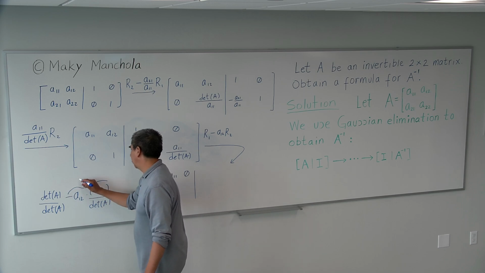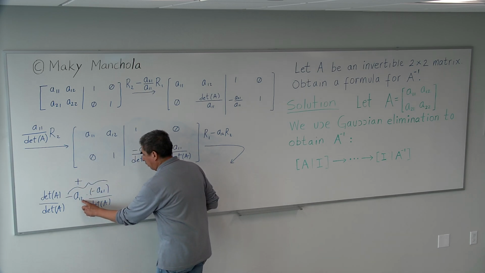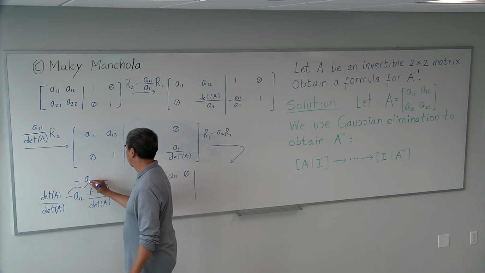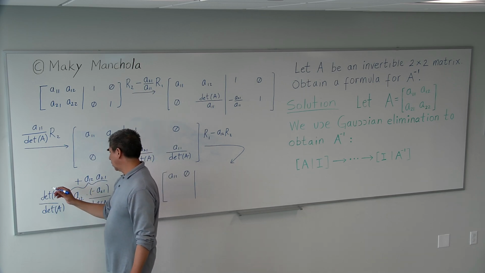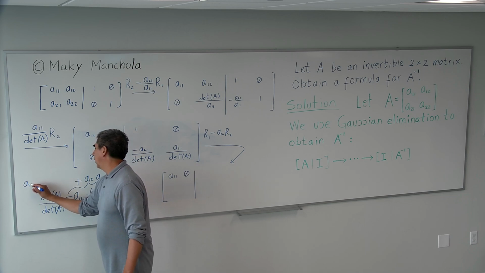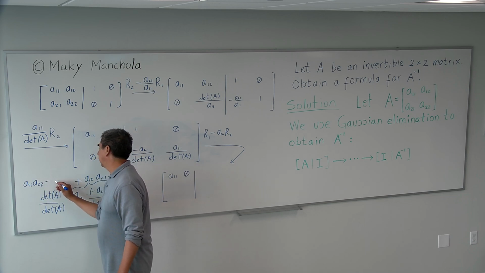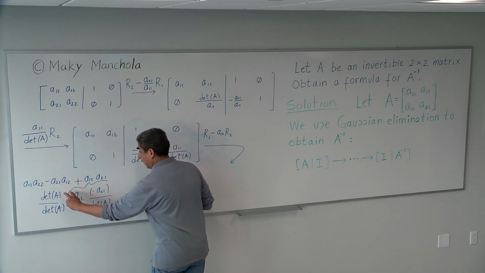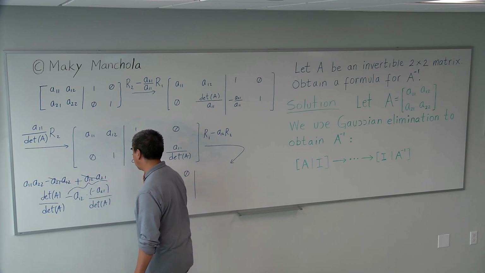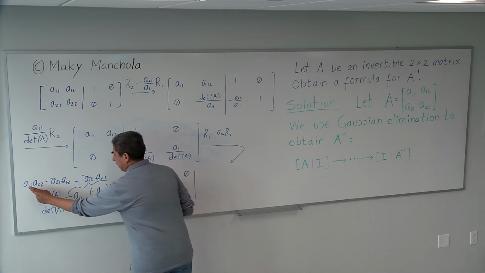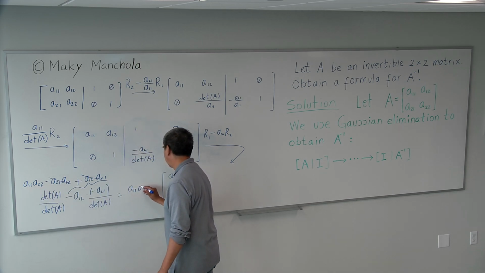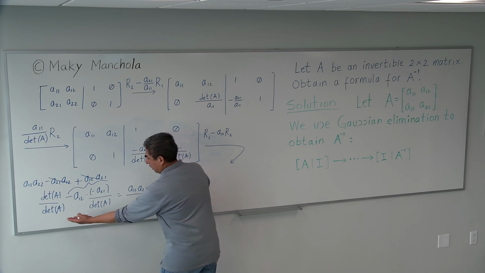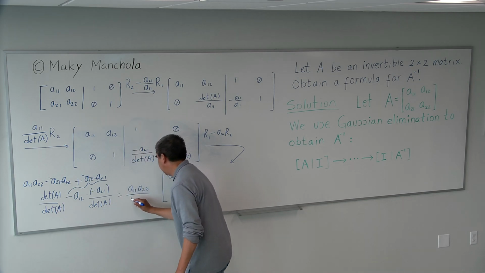This expression becomes plus A12 A21. The determinant of A, remember, was A11 A22 minus A21 A12. Notice that there is cancellation. Those two terms cancel. So the result is A11 A22 over determinant of A.